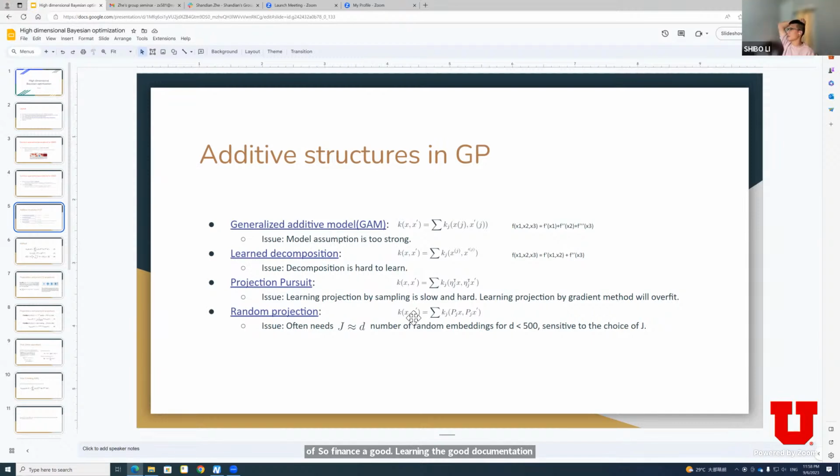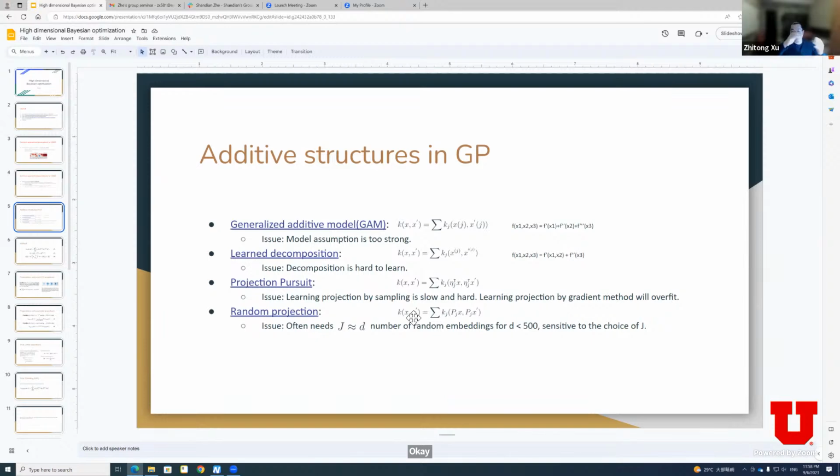I have a question. How do they learn the groups, like x1 and x2 are a group and x3 is a group? We're going to discuss this later. In short, they use the GP marginal likelihood.